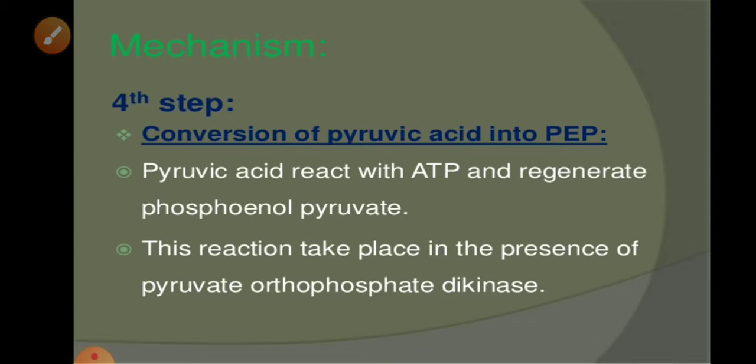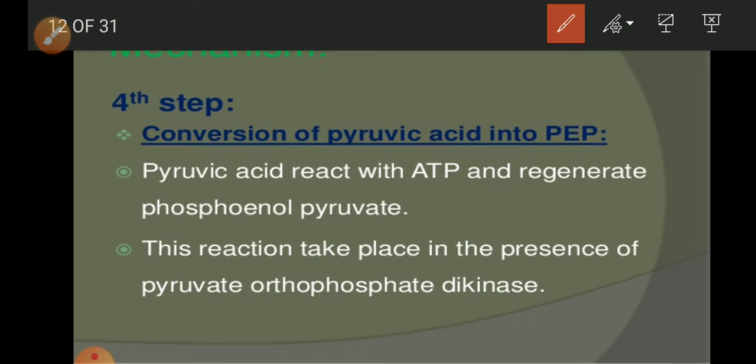Then in the fourth step, we will see the conversion of pyruvic acid into PEP. The first step was said to be carboxylation. Now in the fourth step, pyruvic acid reacts with ATP, and it will regenerate phosphoenol pyruvate, which takes place in the presence of pyruvate orthophosphate dikinase.